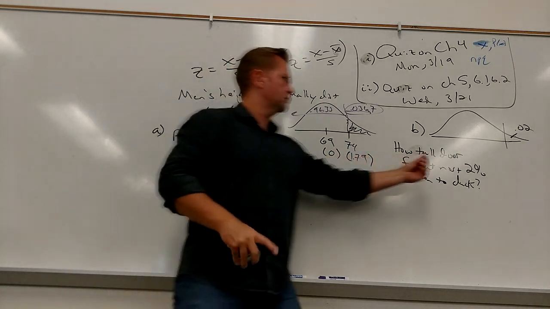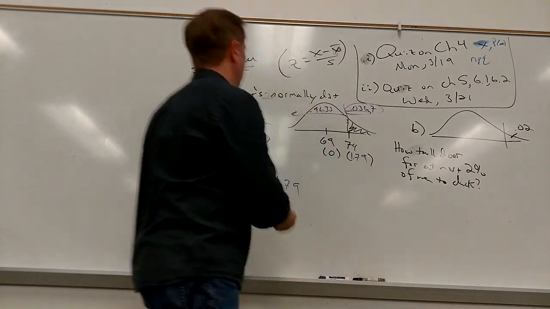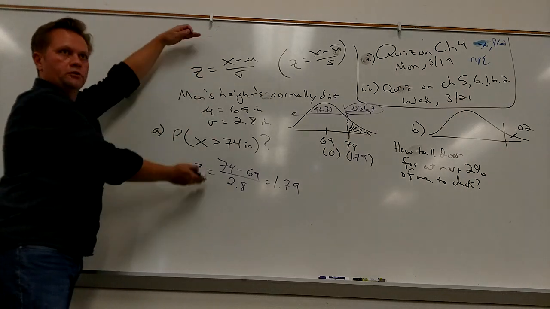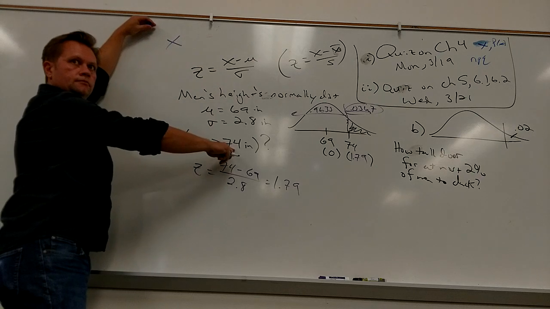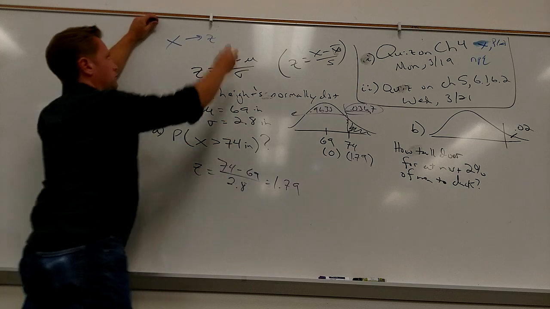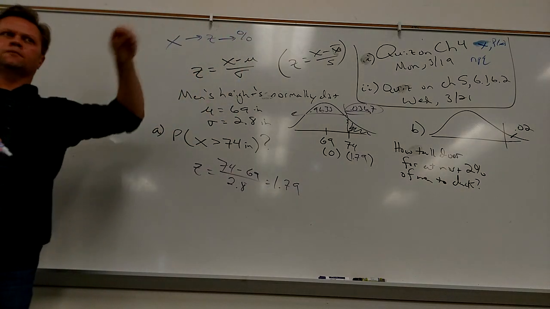Do you see how this problem starts with a percentage? Let me show you this real quick. Let me see what you guys think about this. This is your normal z-score problem. You start with an x, right? You change that into a z-score. And then you look up the area. I like that little summary.